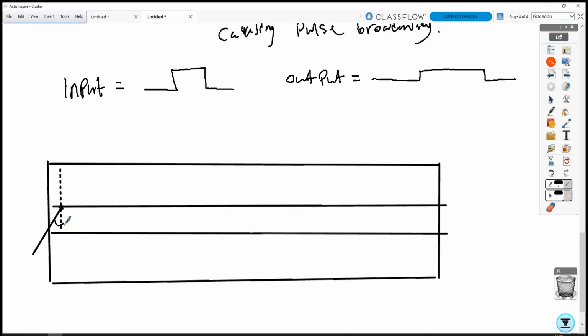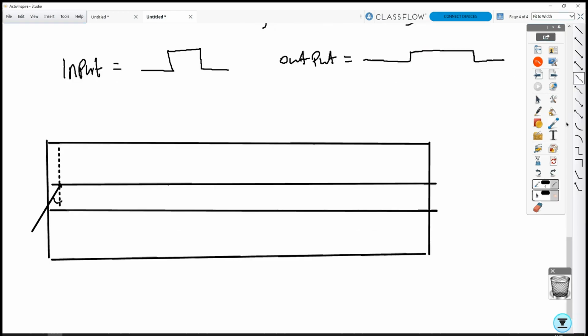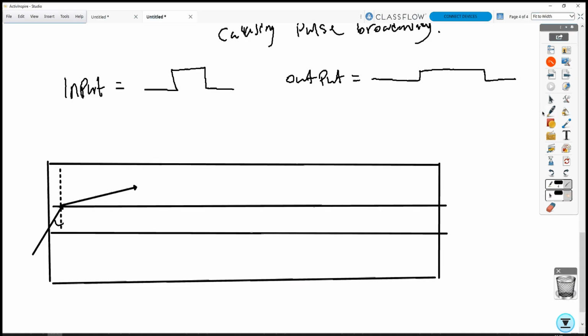And a very later time means that our pulse will be broadened massively. So what we want from this ray of light is we actually want it to be lost into the cladding. So this is lost in cladding.